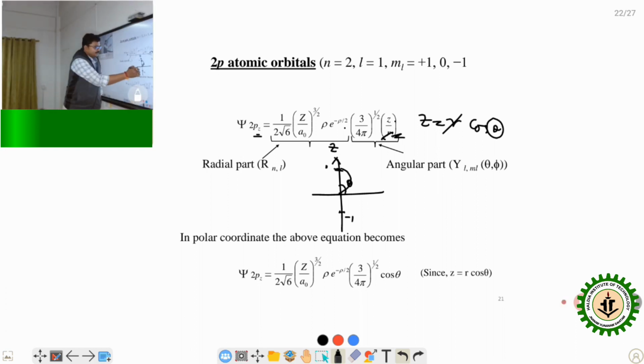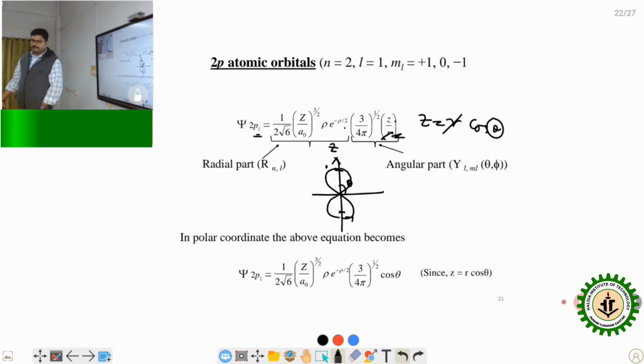Once it crosses the 90, again all the cos terms will be negative and attain minus 1 at 180, and subsequently if you complete the cycle up to 360, you can have the dumbbell shaped orbital which is oriented along the z direction. So simply for 2pz, it depends on the cos theta because z by r.